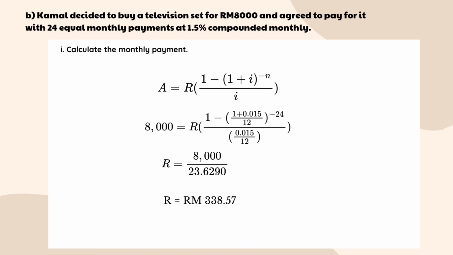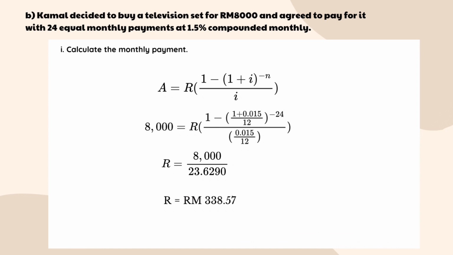To calculate the monthly payment, we use the formula of present value, which is A equals R open bracket 1 minus open bracket 1 plus i close bracket power of negative n over i close bracket. Based on the question, A was given as 8,000 ringgit. To find i, we use the formula i equals k over m, so 0.015 over 12, n is equal to 24.